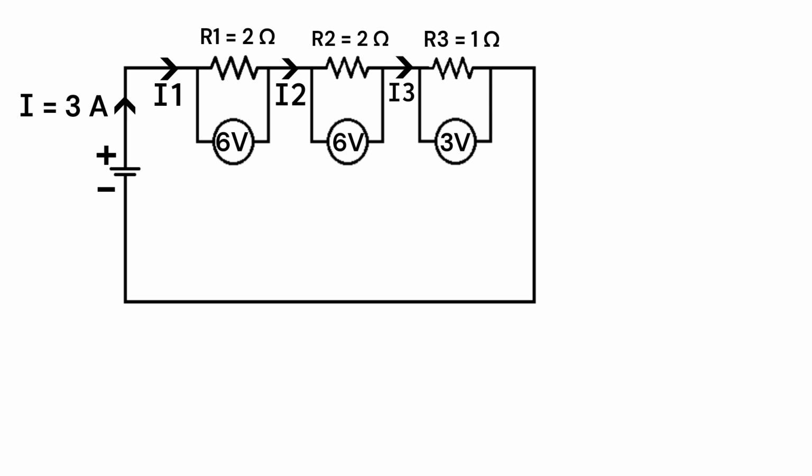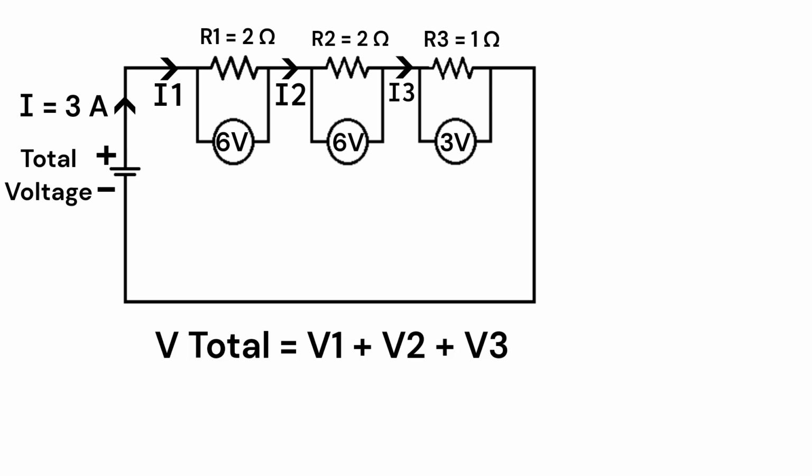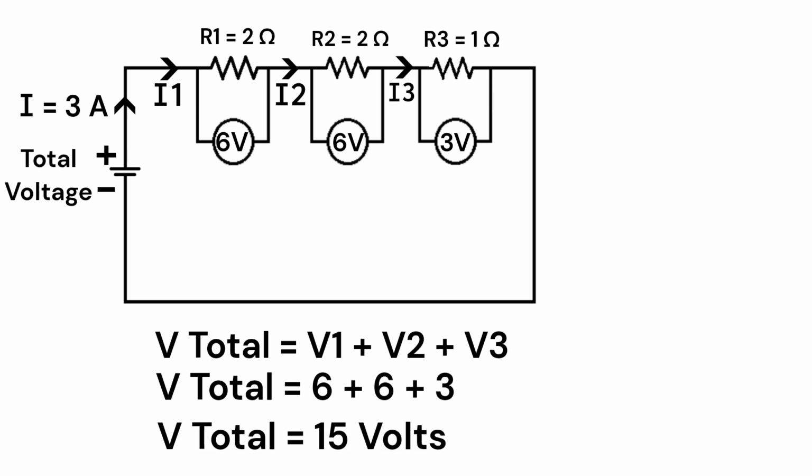Now, by summing up all the individual voltages, we can get the total voltage. So V total is equal to V1 plus V2 plus V3, which becomes 6 plus 6 plus 3, equal to 15 volts. So the total voltage across the circuit is 15 volts. Let's again calculate the voltage using Ohm's law, but this time by using overall values.